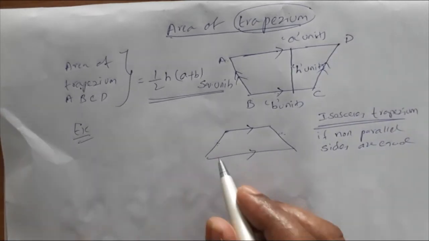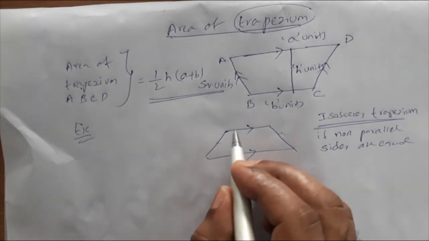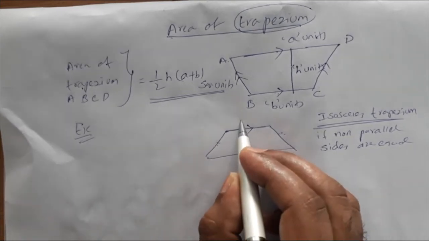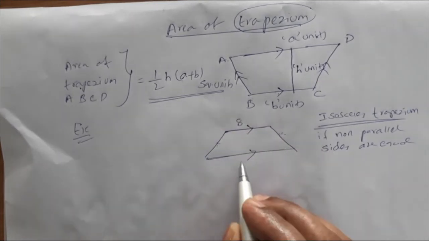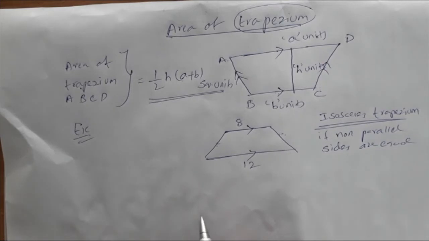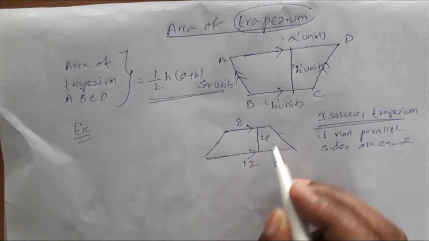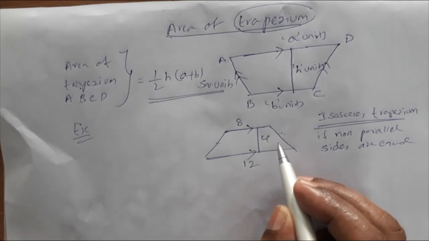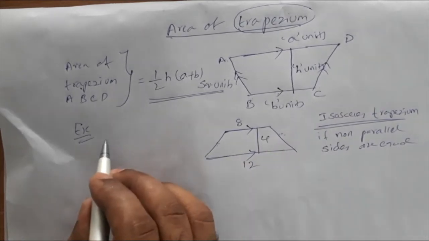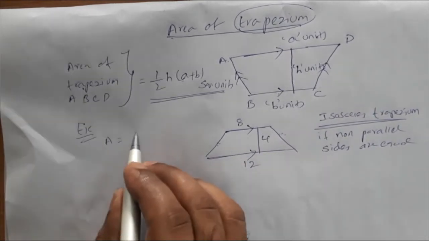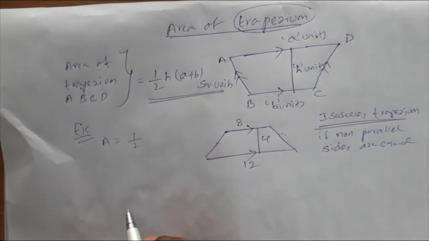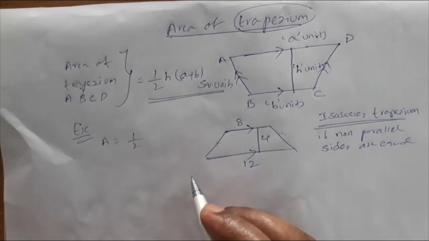Okay. So we took some example. Let us take this as 8 units. This as some 12 units. Height as some 4 units. Okay. Now how to find the area of this trapezium? Area equals half into height. Height is given how much here? 4.